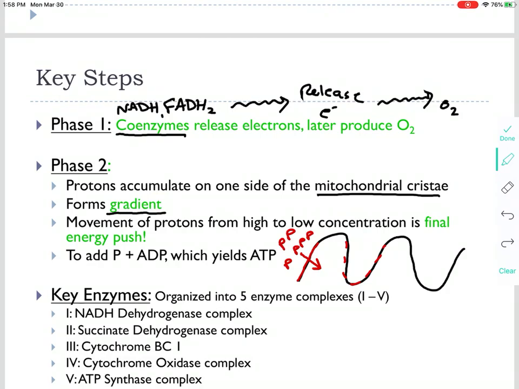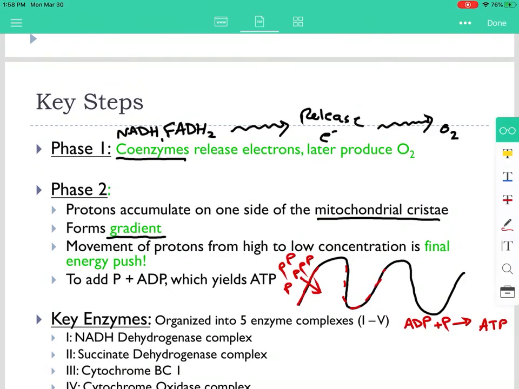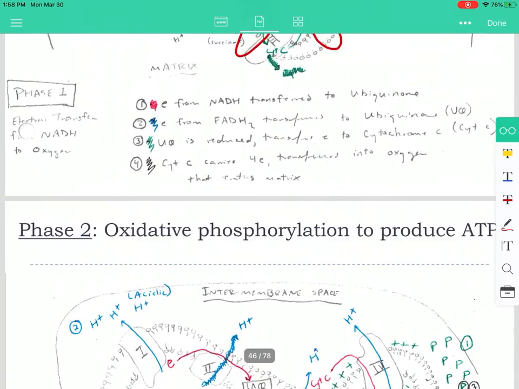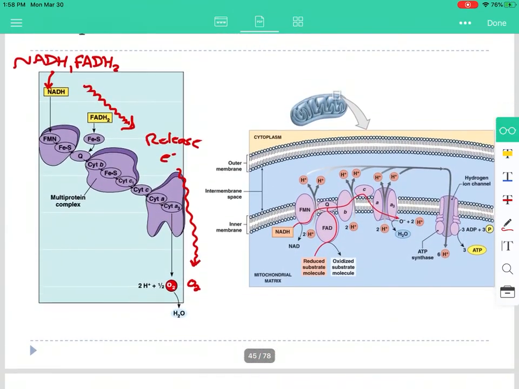And guess what? That push, that energy that we produce simply by having a gradient is the energy that's needed to convert ADP, which is adenosine diphosphate, and we add that final phosphate. We had adenosine diphosphate. Now we add a third phosphate and we get ATP.